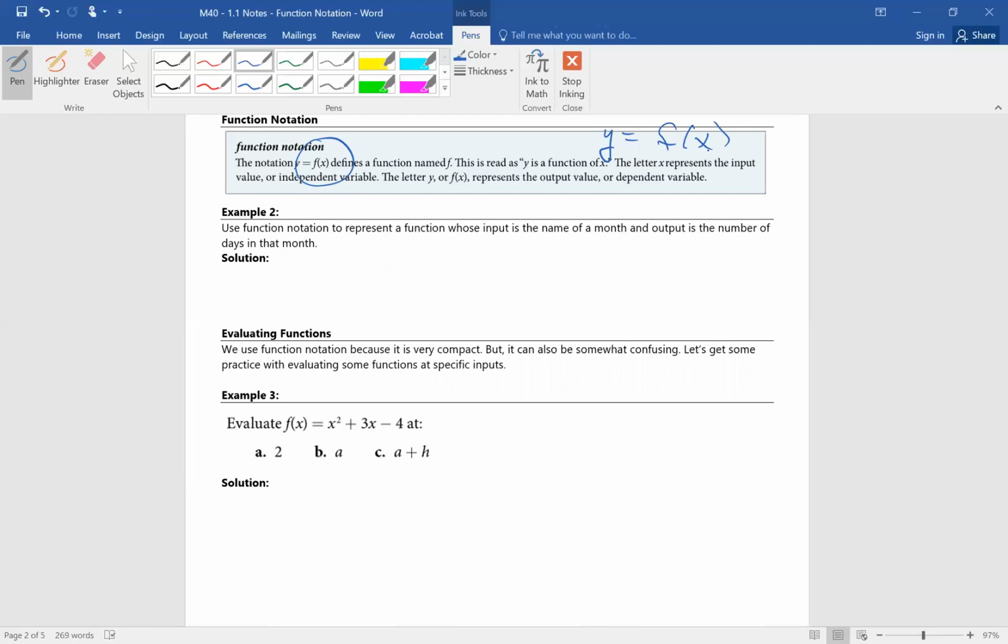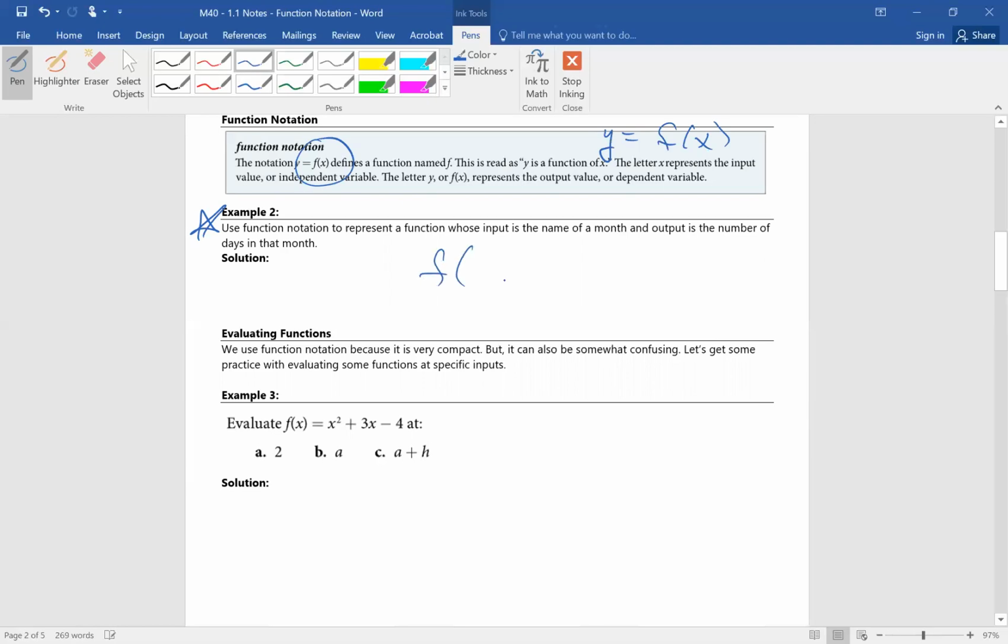So in example 2, they're saying use function notation to represent a function whose input is the name of a month and the output is the number of days in that month. So for instance, what's the first month of the year? January.